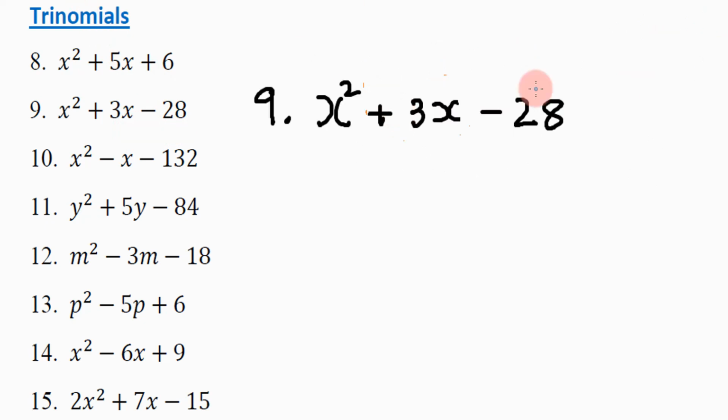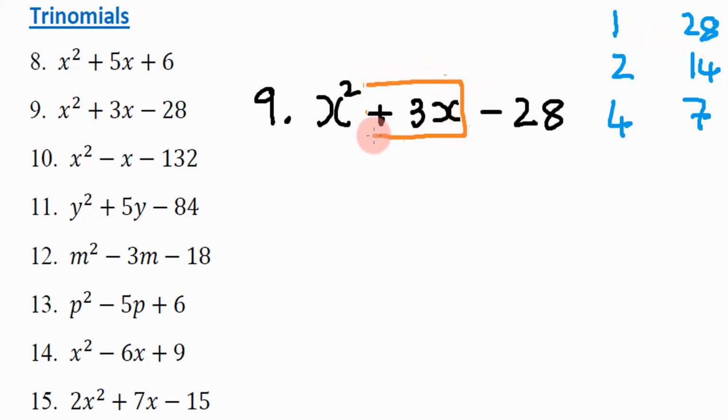We start by looking at the factors of the constant, in other words, of the term without an x in it. In this case, it's 28. So the factors are 1 and 28, 2 and 14, and 4 and 7. Now we consider each set of factors, and we see which set, when we either add or subtract, will give us a middle term of positive 3.